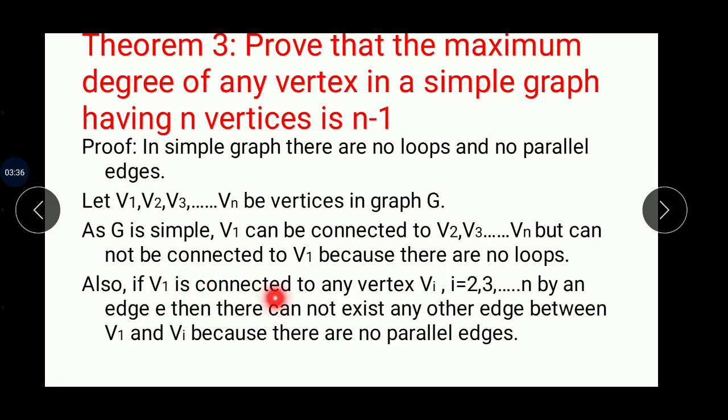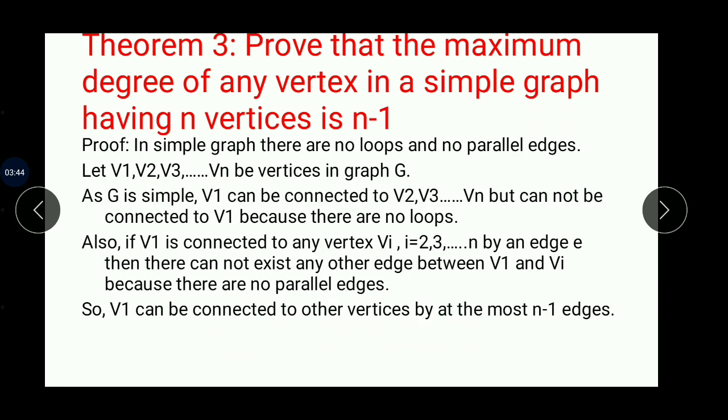So v1 can be connected to other vertices by at most n minus 1 edges. Maximum there can be n minus 1 edges. There cannot be more than n minus 1, but there can be less than n minus 1.